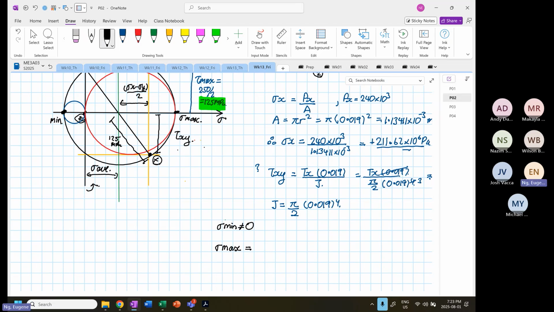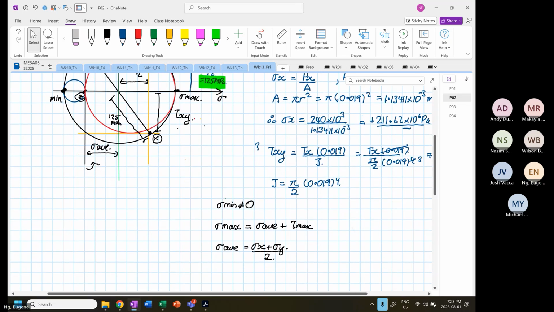How to find stress max from here is we have to find stress average plus tau max. So stress average is equal to stress x plus stress y divided by 2, right?